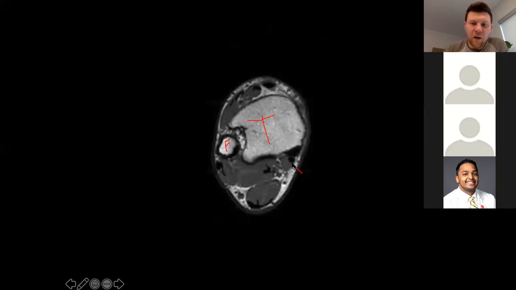So right now, what muscle and tendon is that one? Posterior tib. So which one specifically?